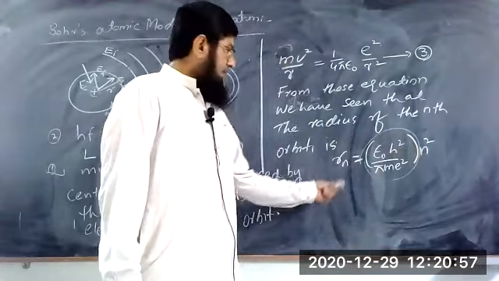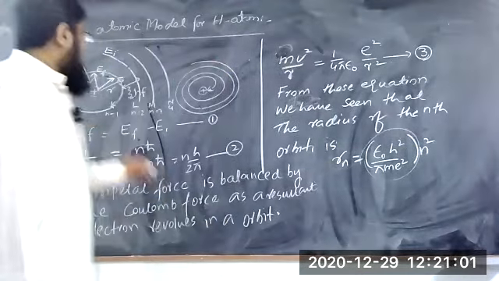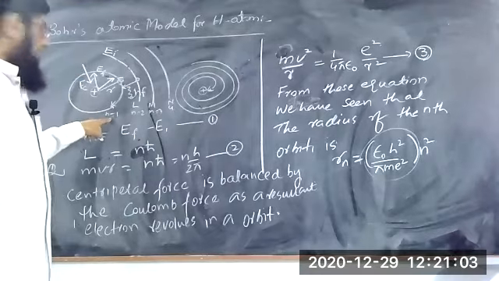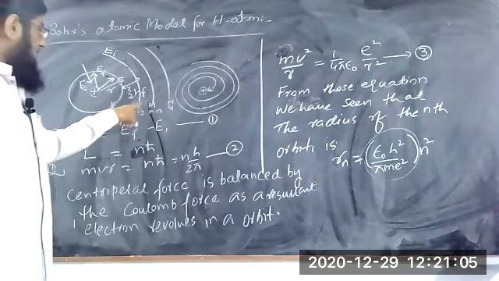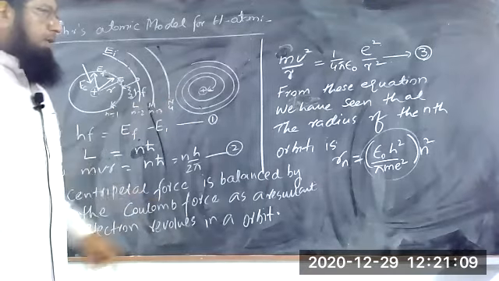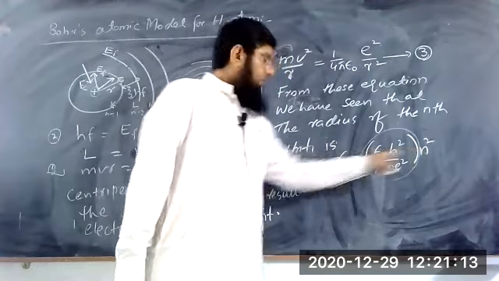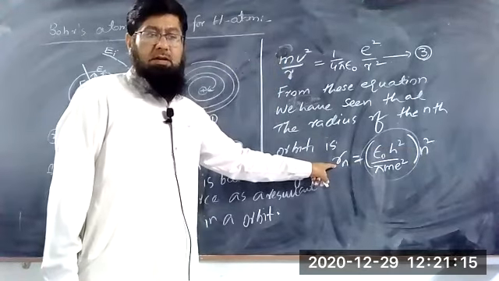This indicates the radius of the nth orbit, where this is n is equal to 1, this is n is equal to 2, this is n is equal to 3, n is equal to 4. If we substitute n is equal to 1, it will give you the radius of the first orbit.